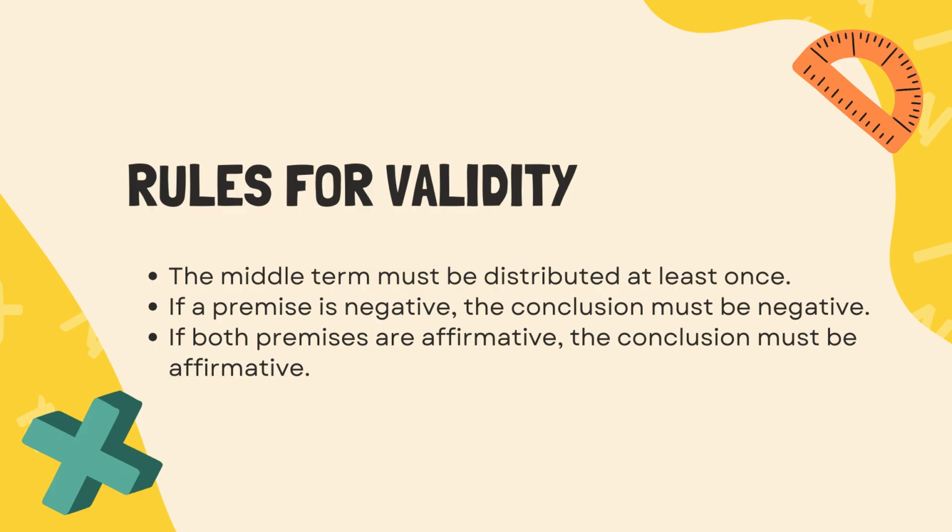Next, if a premise is negative, the conclusion must be negative. Next, if both premises are affirmative, the conclusion must be affirmative. So this explains that not all syllogisms are valid. Rules decide validity.